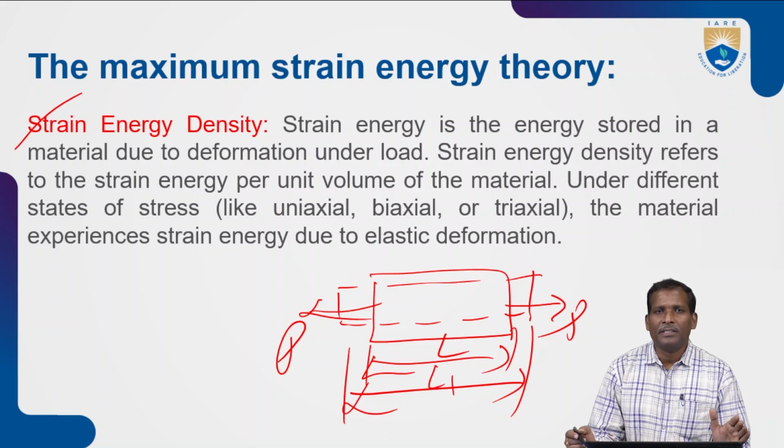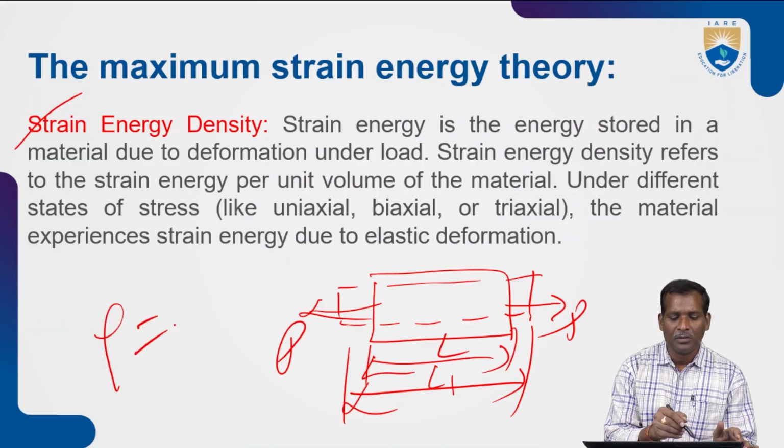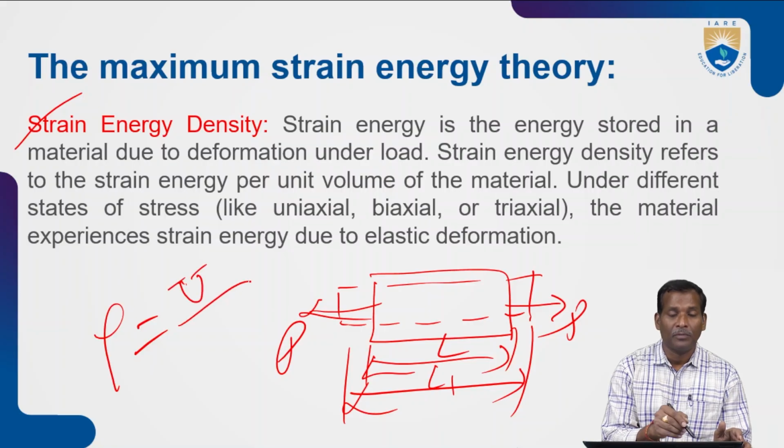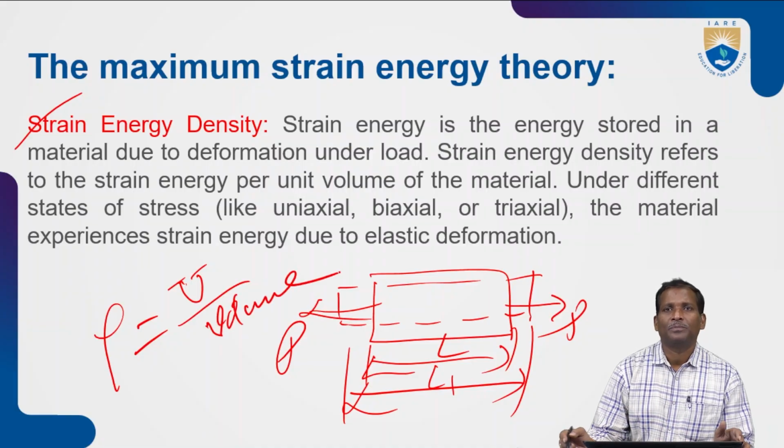The strain energy density refers to the strain energy per unit volume of the material. So the density is equal to the strain energy, which you can represent with U, per unit volume.